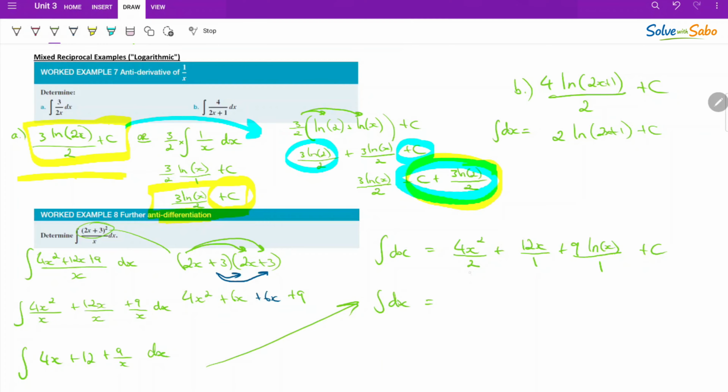So we can now just tidy all this up. The 4 and the 2 is going to leave you with a 2. That 1, we don't need that 1. The divide by 1 on the bottom here as well, we don't need that, plus c. Lovely, all done. So the hardest part about this was expanding it out first and then being able to break them all into these individual little separate terms.